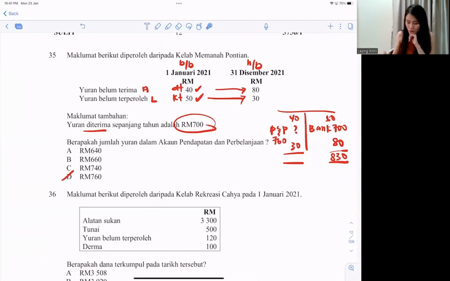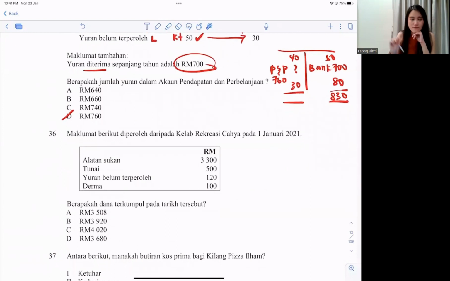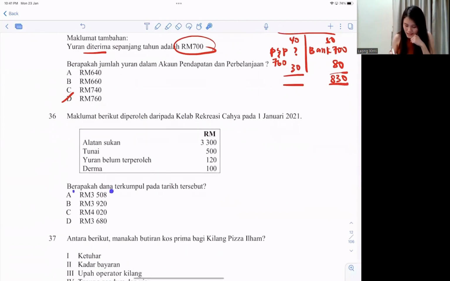Okay. Now question 36, we still got another 4 more questions to go. Maklumat berikut diperoleh daripada klub rekreasi. Still we're talking about club. So they give you berapakah dana terkumpul pada akhir tarikh tersebut. So dana terkumpul is same as EP ya. Okay, so let's see. A equals to L plus EP.